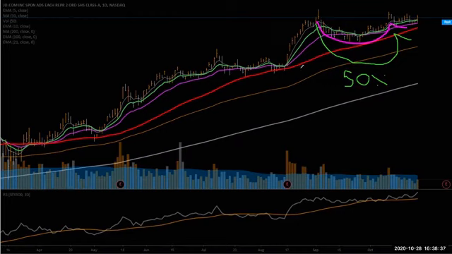So if this were a 50% deep cup with handle, I wouldn't let that discard it, but I would go and say, well, am I able to get at least 3 to 1 reward to risk on this trade? And if I would, then I would keep it on the watch list. If it didn't meet that minimum 3 to 1 reward to risk criteria, then it would get tossed.